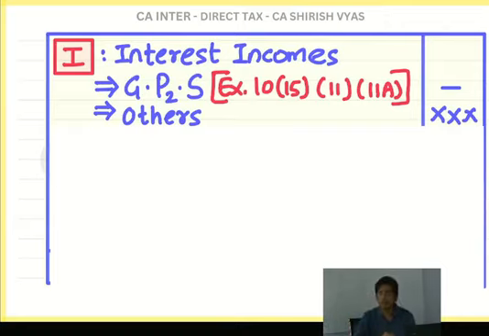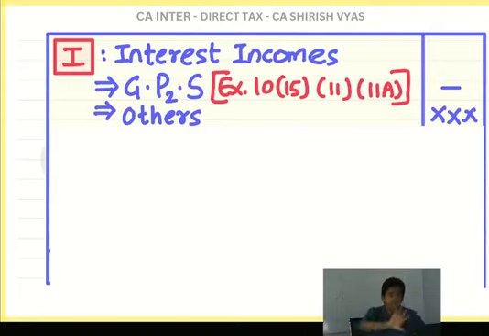And what is the benefit? On that account, whatever interest comes, actually the interest is the girl's income, the child's income. And anyway, a minor's income will go to the parent. But this will be tax free, because the income is in the nature of Sukanya Samriddhi account interest.